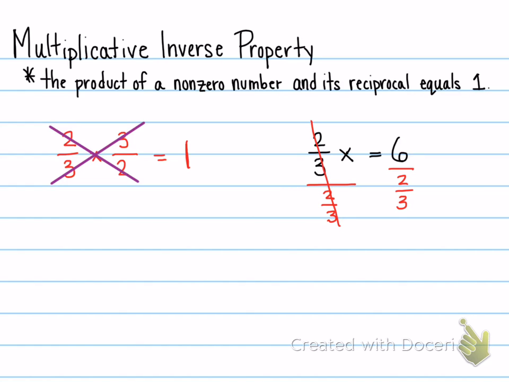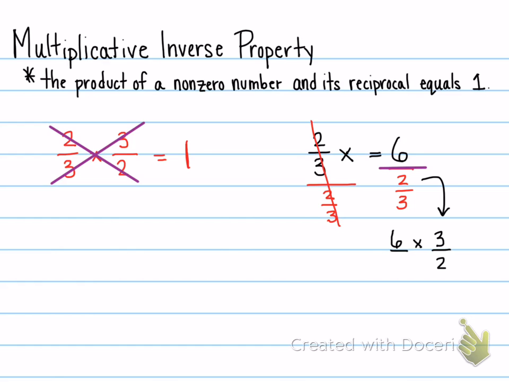Now, if you recall, when you divide fractions, you take the first number, you change it to multiplication, and then you take the reciprocal of the number you're dividing by. So I took that 2/3 and I took the reciprocal.